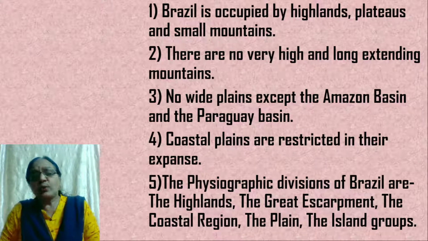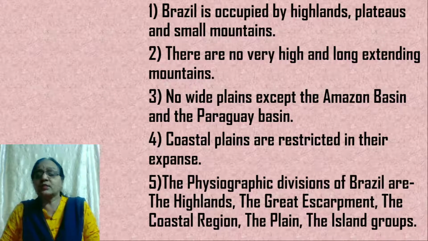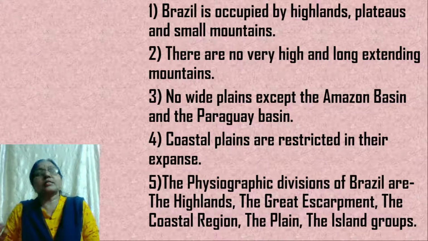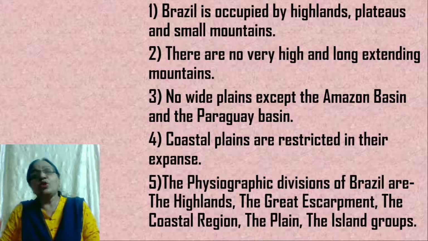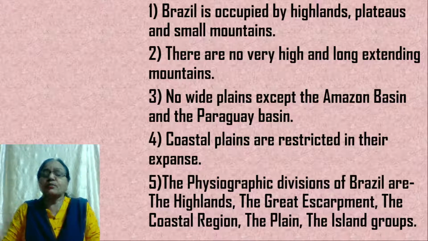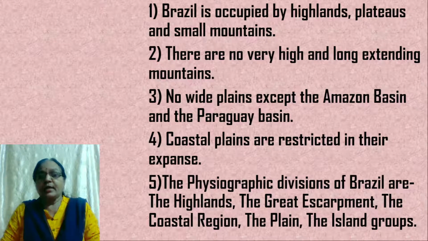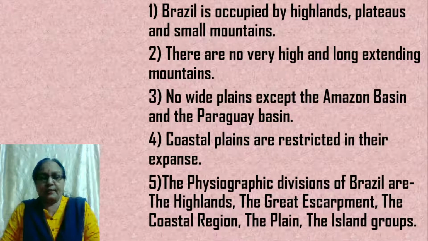When you compare that with India, most of the mountains, say the Himalaya mountains together with its other ranges, will be about say 6,000 meters, and they are also long and extending. Here they are actually small highlands and plateaus and even mountains. They are not long and extending. No wide plains except the Amazon basin and the Paraguay basin.